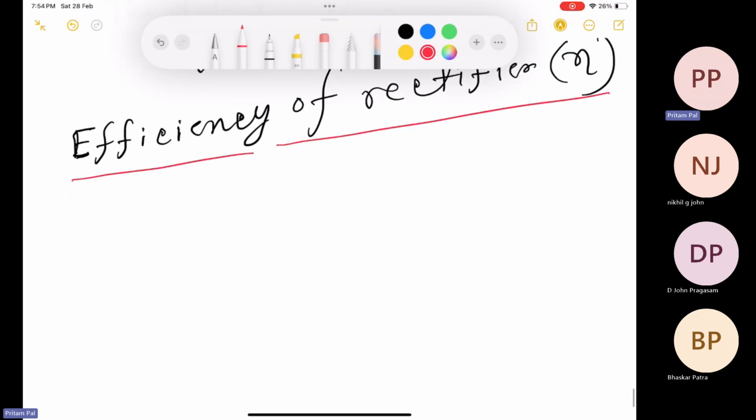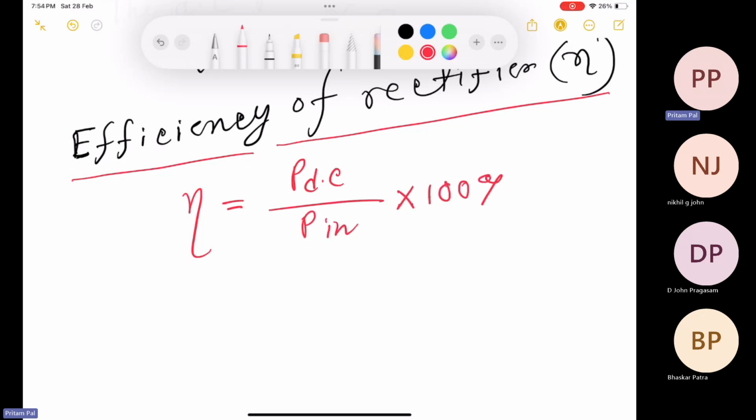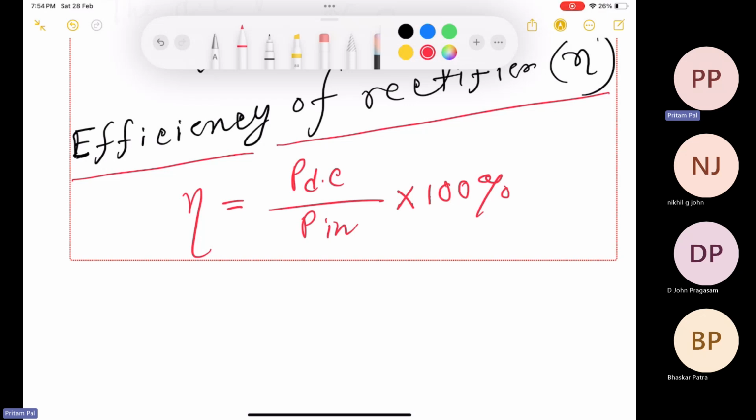It basically measures the fraction of the total input power which is converted into DC power. So eta is basically P DC by P input times 100%.